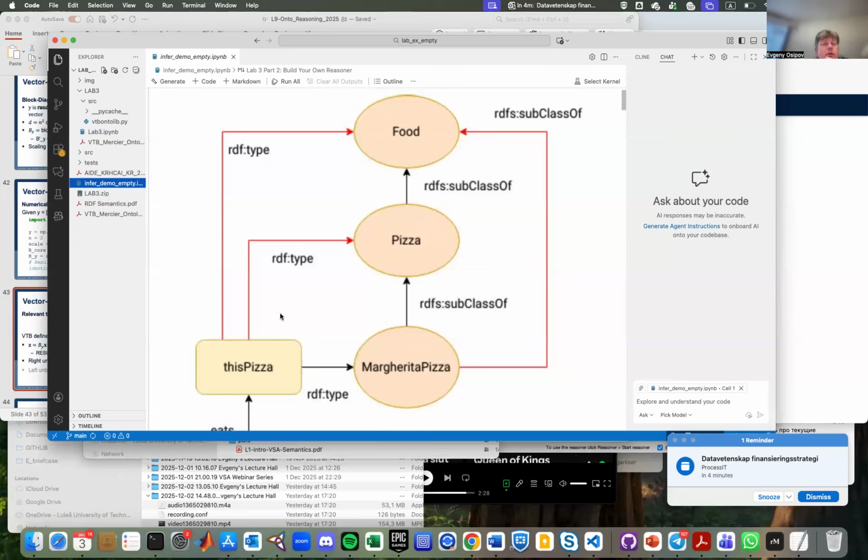What you need to infer is the subclass transitivity entailment, so that this pizza is also of type pizza and also of type food, and margherita is a subclass of food.